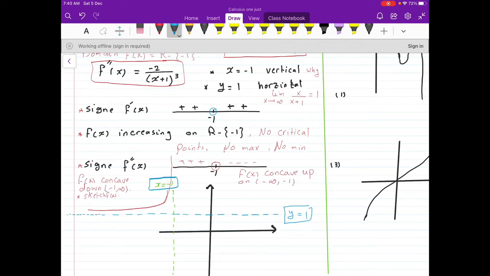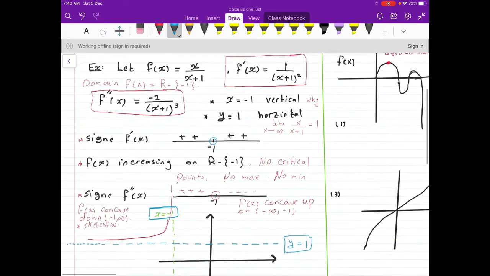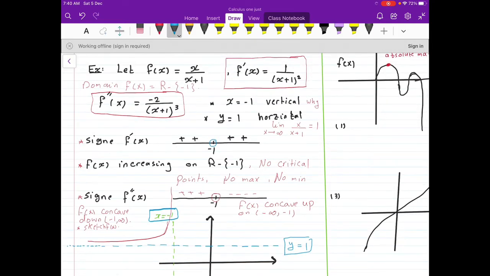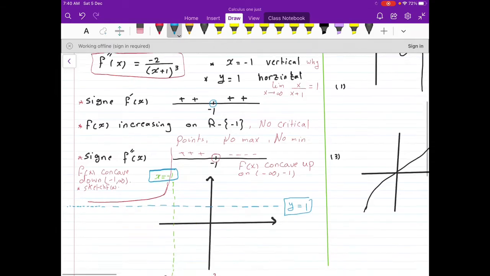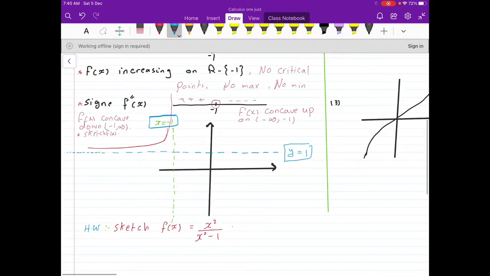And when x is greater than minus 1, what is the behavior of the function? It will be increasing and concave down. And the function intersects the x-axis at the point (0, 0). So the function will pass through this point.